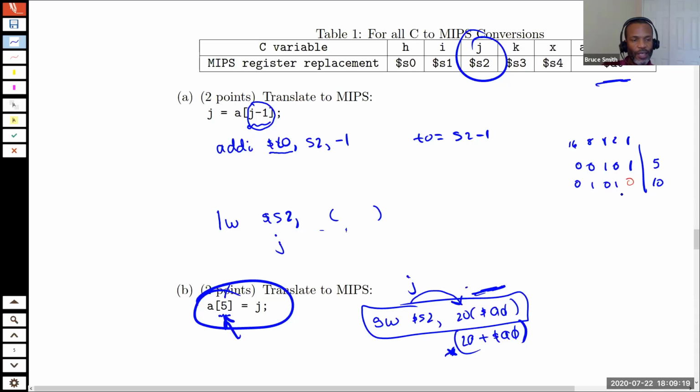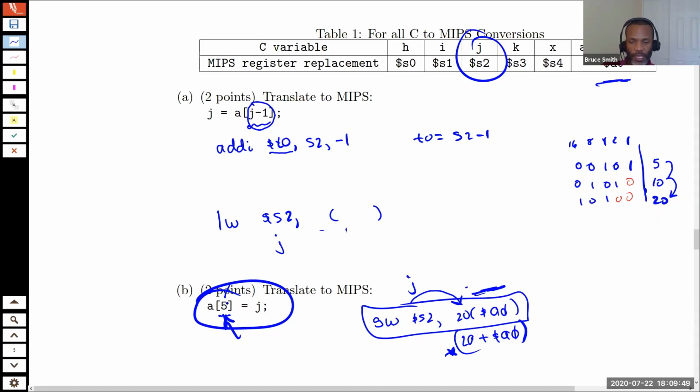So shifting left once multiplies by 2. If I shift left twice, it's equivalent to multiplying by 4. And if you look at this, you'll see that there's a 4 and a 16 to get a 20. So shifting left twice is the same thing as multiplying by 4.